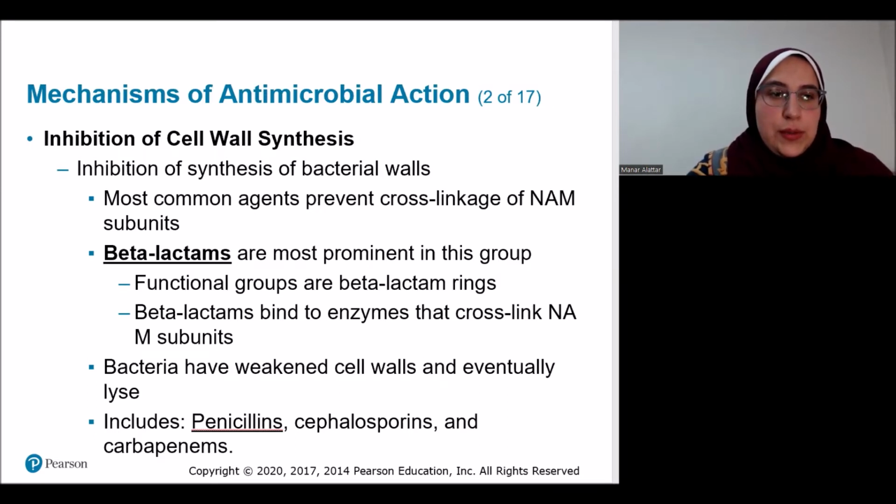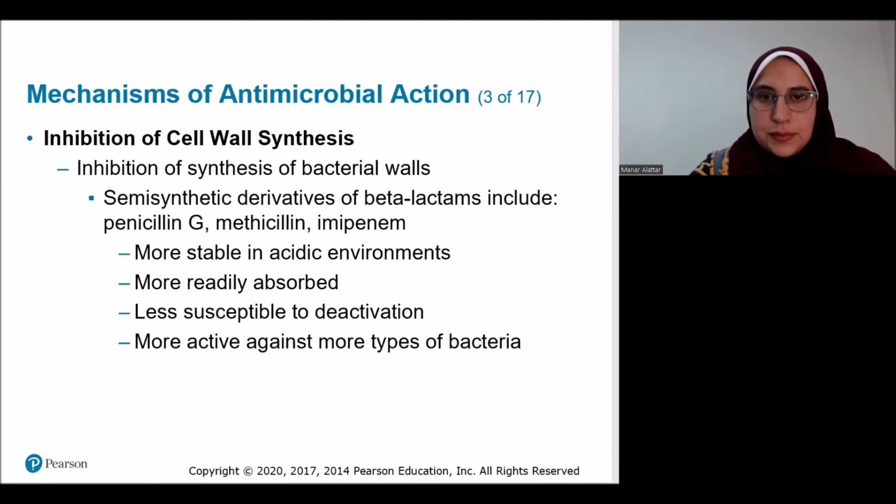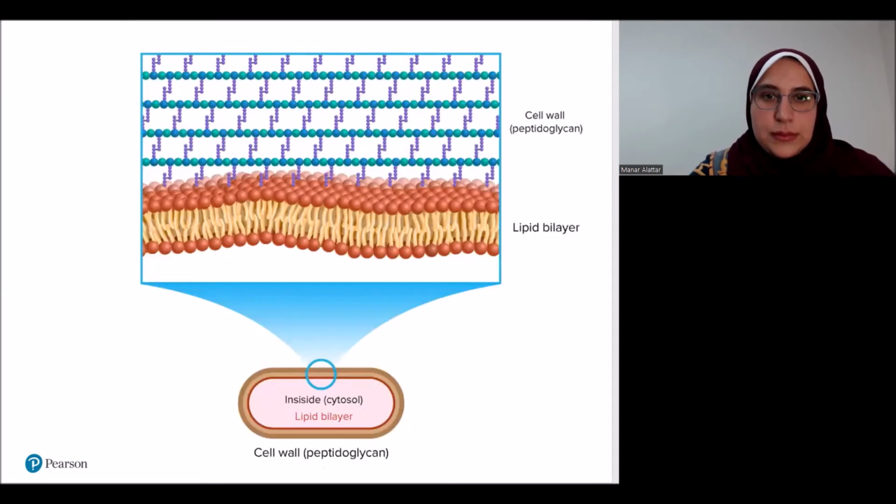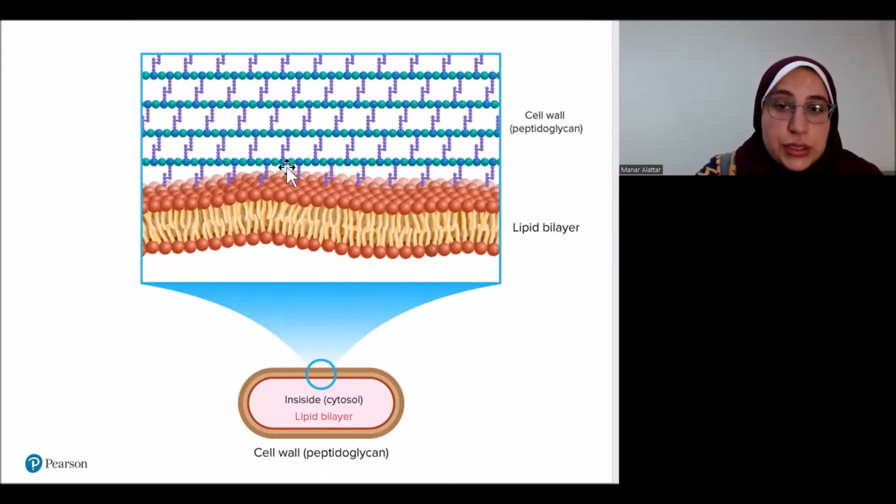Okay. And so let's look at the cell wall for a second. This is what the cell wall looks like. You have your bacterial cell. It has a membrane that separates it from its environment, but then it also has the cell wall that separates it from its environment as well and protects it. That cell wall is made up of these nitrogen sugars.